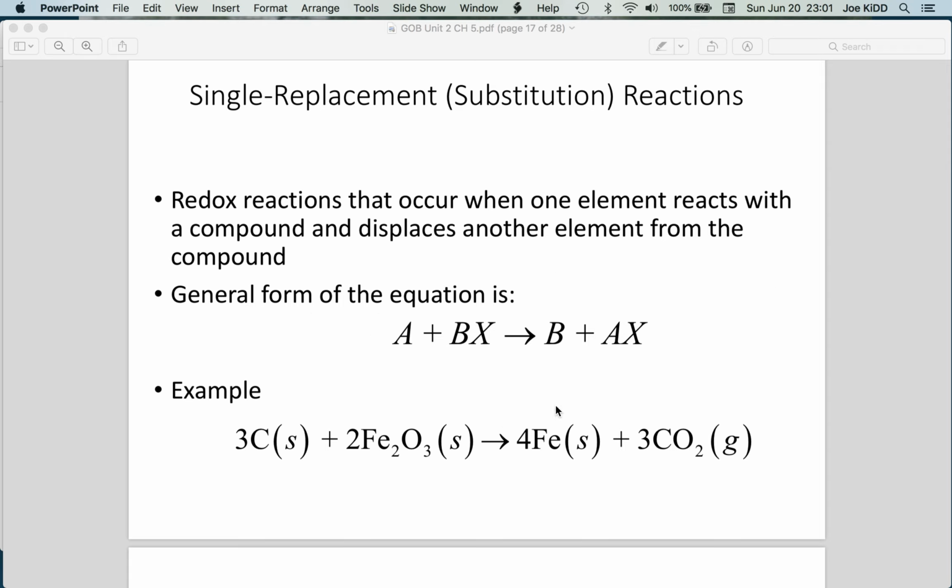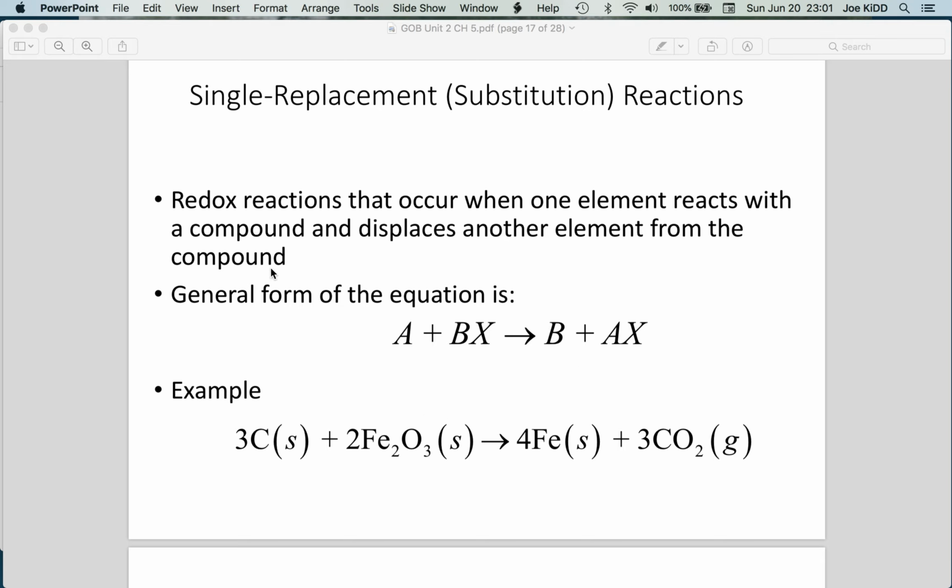The way you could think about it is B and X walk into the bar together, they're dating, but A looks really, really attractive to X, and X leaves and runs away with A, and leaves B by themselves. So this is a single replacement reaction. Someone single went in and someone different single came out.